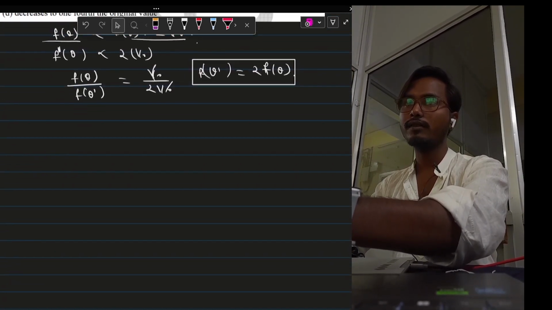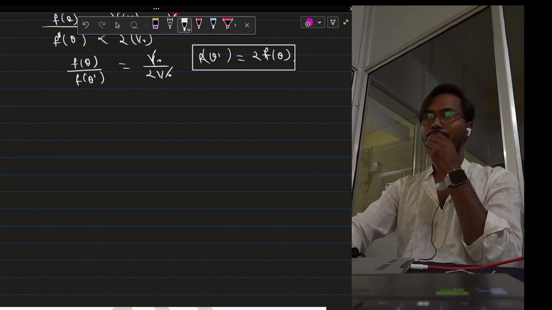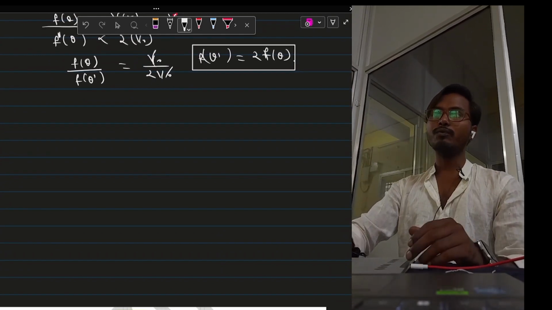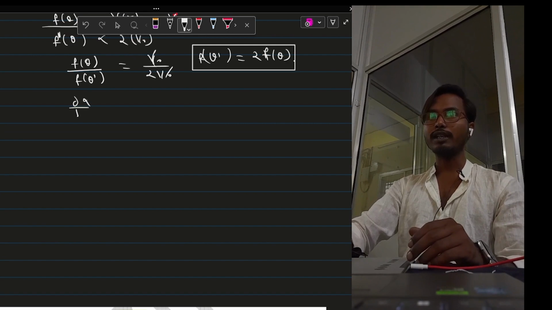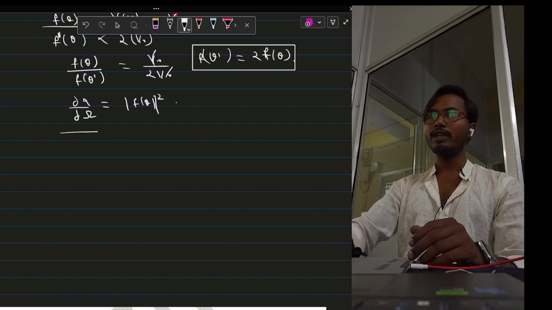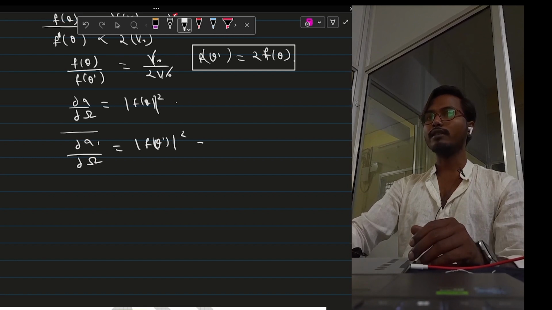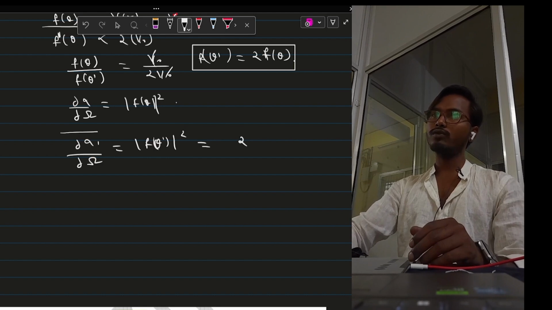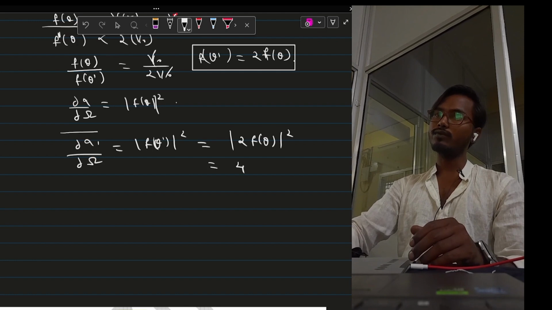Now we have solved this, but we are interested in the differential scattering cross section. What is the differential scattering cross section? It is f of theta squared. We also have to find the differential scattering cross section for this new potential, so f of theta dash squared, which is 2 times f of theta, squared, which means 4 times f of theta squared.